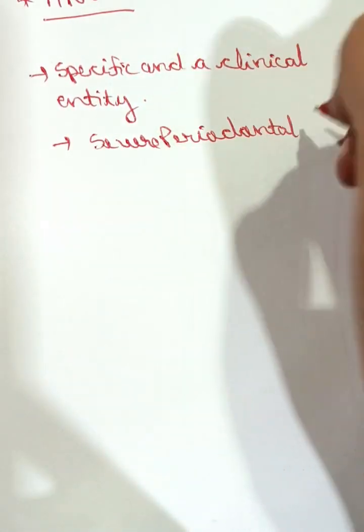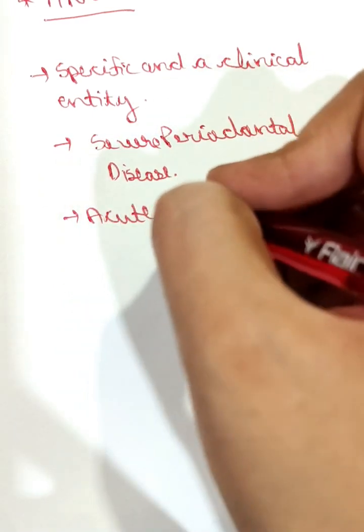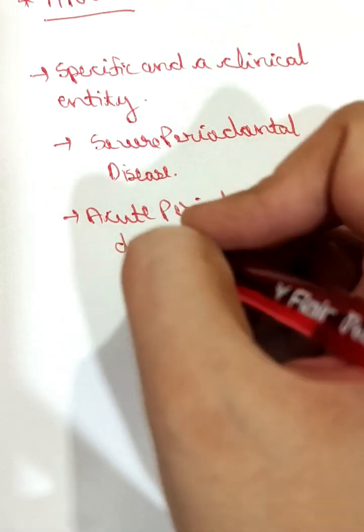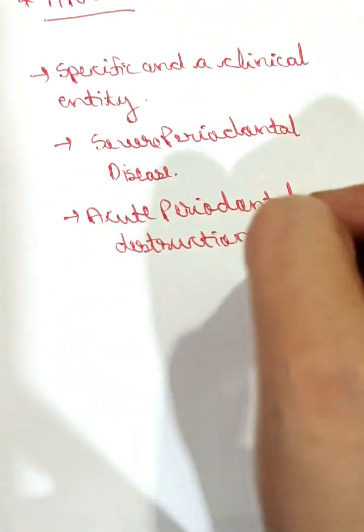First, I would like to discuss the definition of ANUG, and then I will cover the topic under the following different headings. So first, what is ANUG? It is a specific and a clinical entity which leads to severe periodontal disease. It leads to acute periodontal destruction.